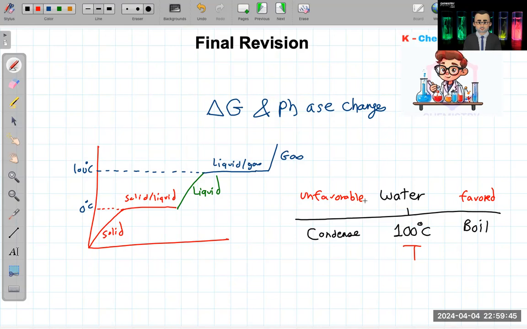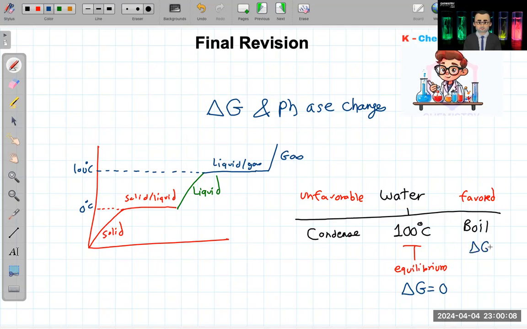What about the temperature 100 exactly? This is at equilibrium. What does equilibrium mean? The delta G is what? 0, right? We agreed that at equilibrium delta G is equal to 0. What about more than 100?